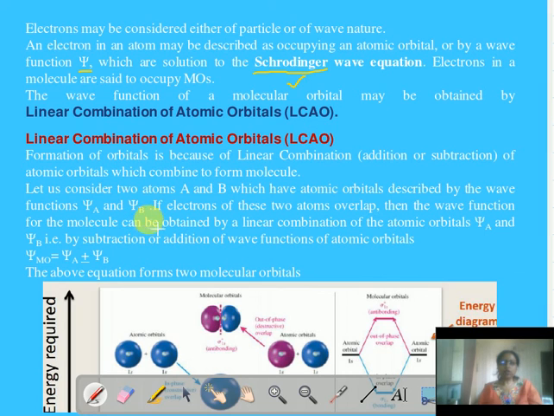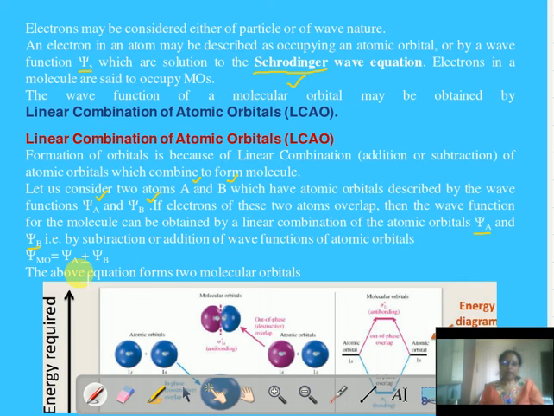Let us consider two atoms A and B, which have atomic orbitals described by the wave functions psi A and psi B. The wave function for atom A is psi A, and for atom B is psi B. When the orbitals of these two atoms overlap, the wave function for the molecule can be obtained by a linear combination of the atomic orbitals, psi A and psi B.